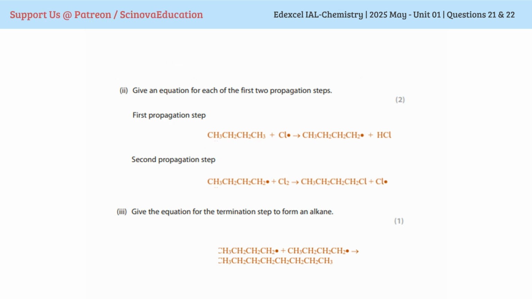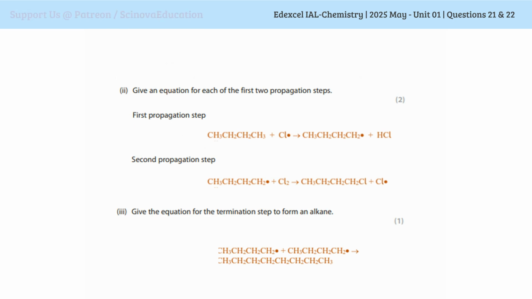As you have learned, first propagation step is giving rise to an alkyl radical. Second propagation step should give rise to another chlorine free radical, so the reaction can proceed.